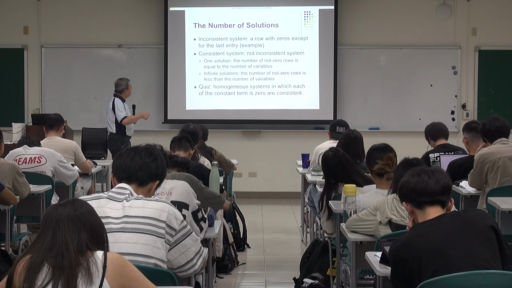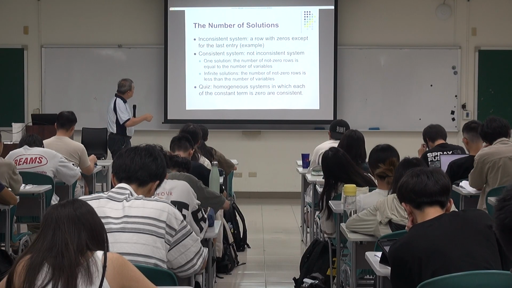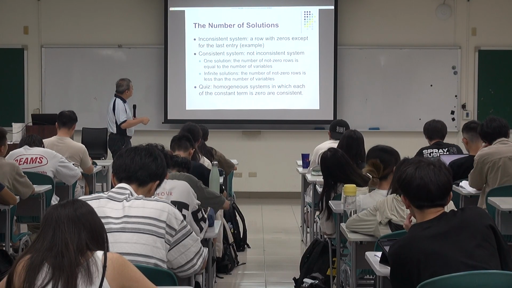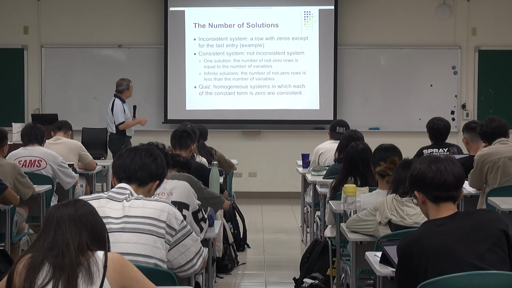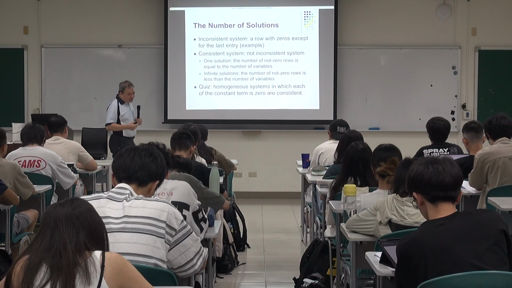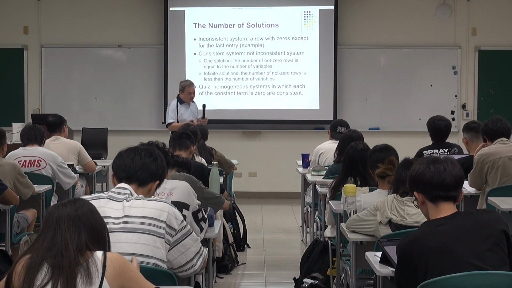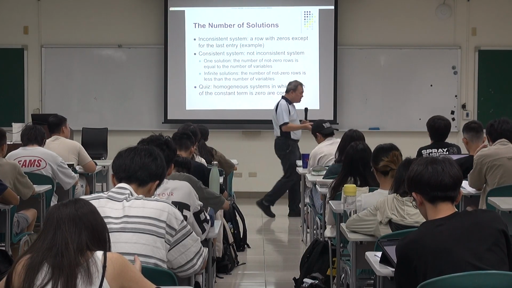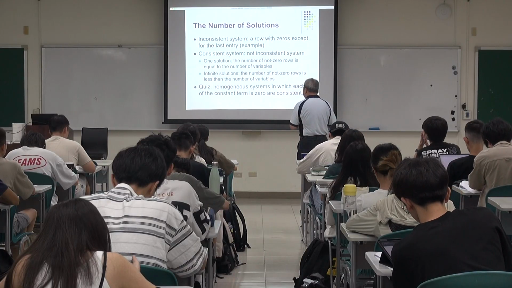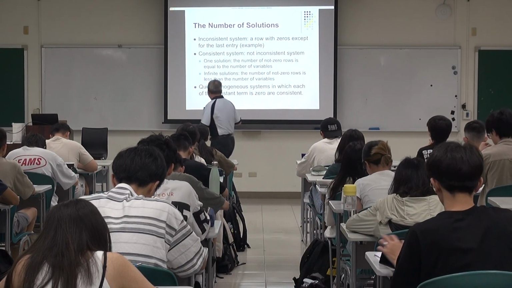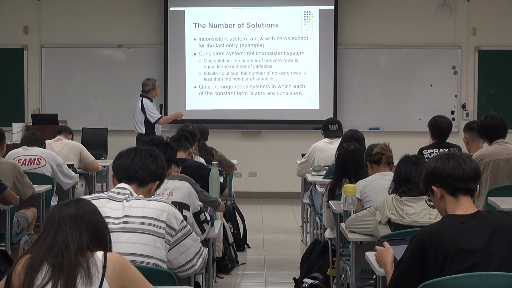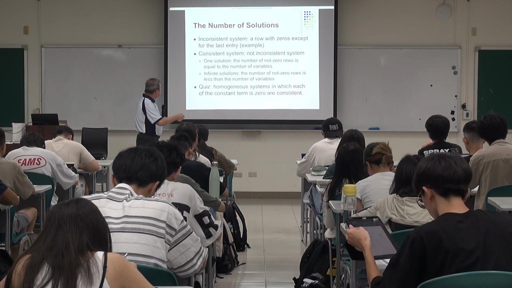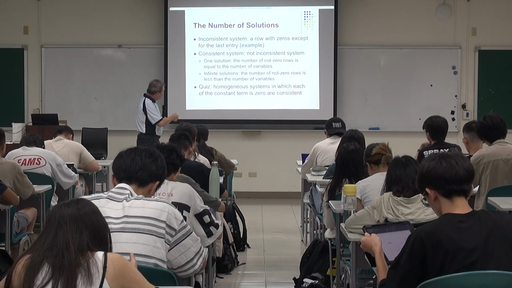Okay. So if you do not encounter such a situation, then you must have a consistent system. For a consistent system, there are two cases. One is exactly one solution. Second, you have an infinite number of solutions, right? For the one solution case, the number of non-zero rows is equal to the number of variables.